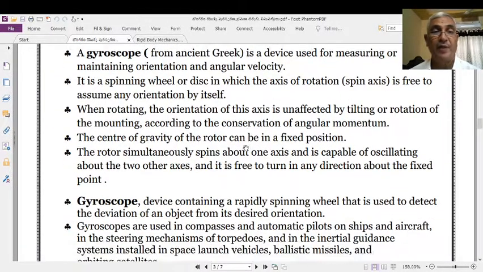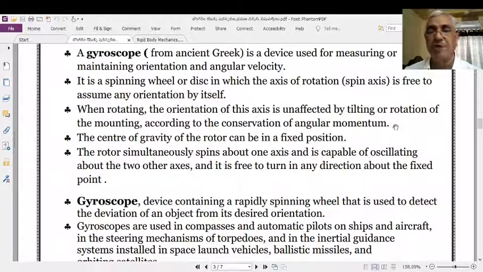When rotating, the orientation of this axis is unaffected by tilting or rotation of the mounting, according to the conservation of angular momentum. This is also very important. Again, I will take the example of an aeroplane, in which a gyroscope is placed. While the aeroplane is moving, the whole aeroplane will tilt or rotate.